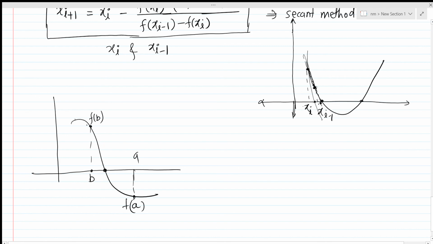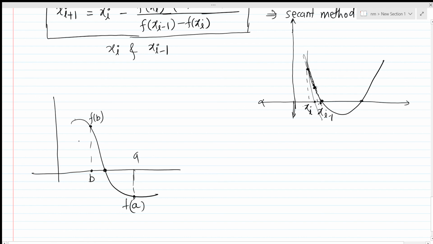In the secant method it is not always possible that the root lies between xi and xi minus 1. They can be on the same side of the root, so sometimes the secant method also does not converge to the solution. False position and bisection methods always converge to the solution, but the convergence rate is very small.